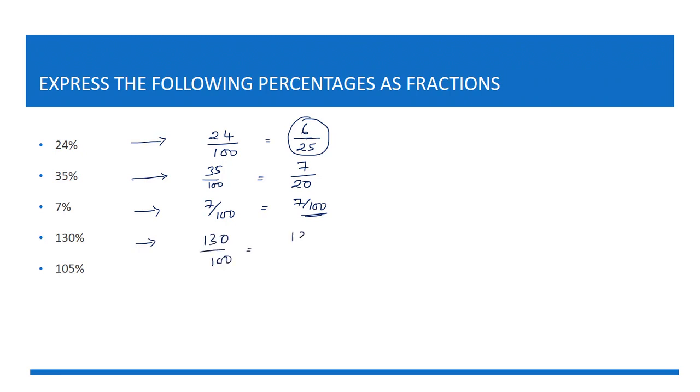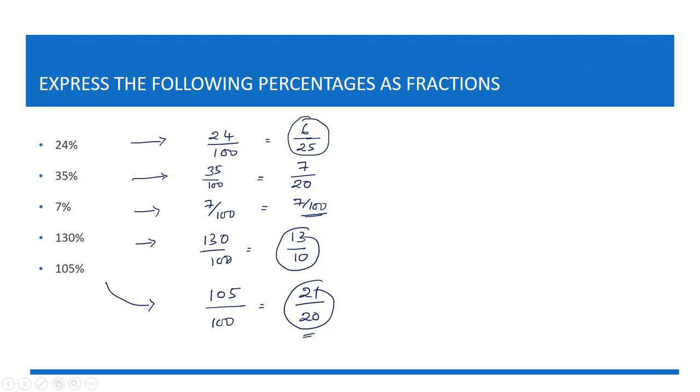Now simplify it. 13 by 10, because this 0 will be cancelled. For 105%, let us check this. 105 divided by 100, you can divide by 5, right? 5 21s are 105, 5 20s are 100, so 21 by 20. This is the way you are supposed to convert percentage to fraction, right?